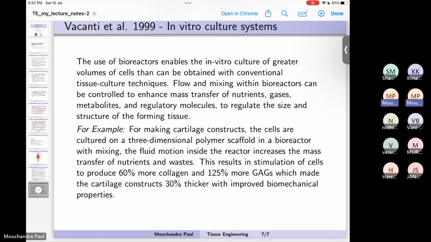Then later more challenges are there, like whether after implanting the tissue engineered medical product, it has become supplied with the body's blood supply or not. Because if it's not, after a few weeks your implanted graft will slough off, it will simply peel off. It should actually get very well connected, like become one with the patient's body.